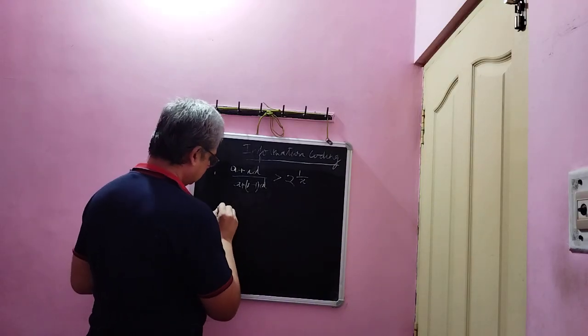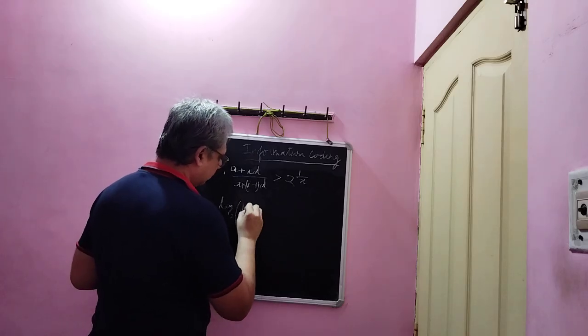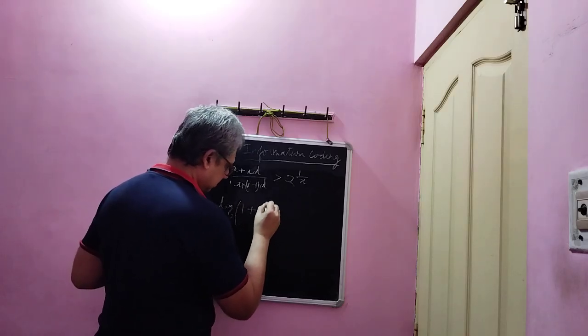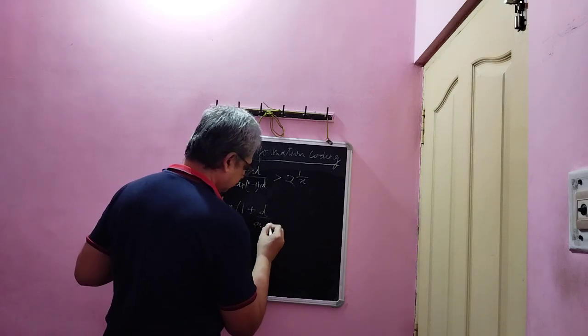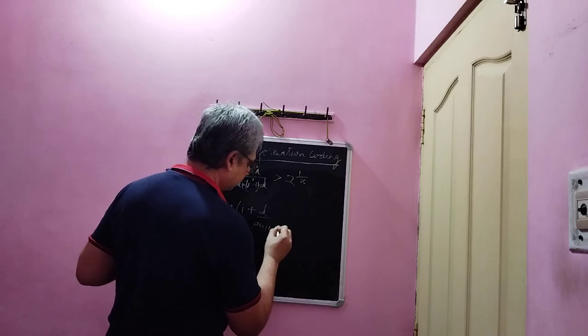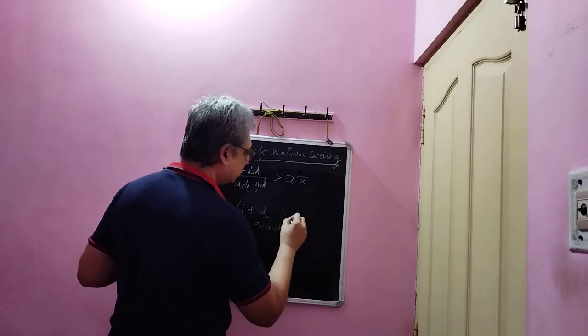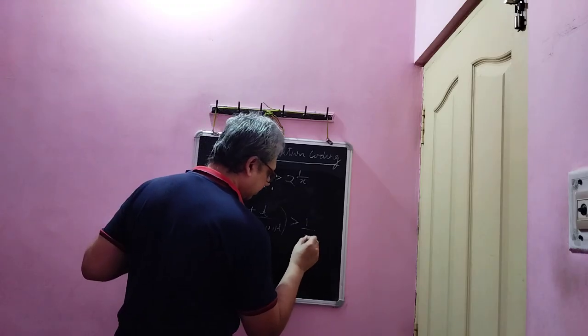We get log to the base 2 of 1 plus d by a plus i minus 1 into d must be greater than 1 by x.